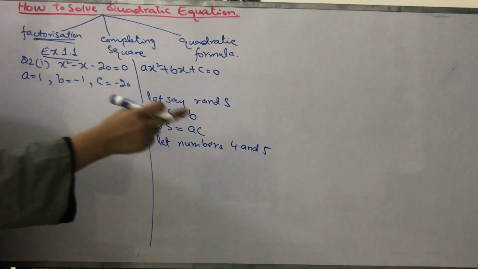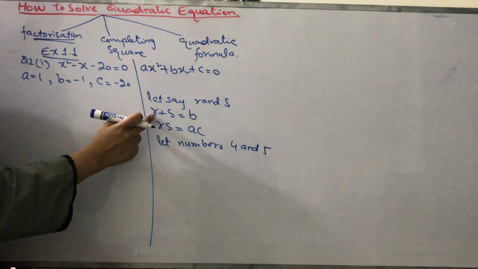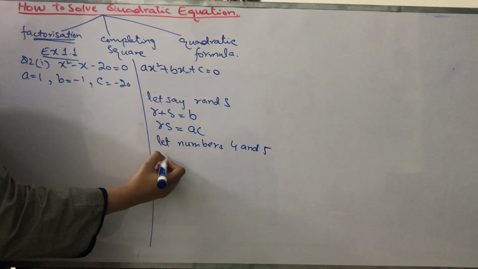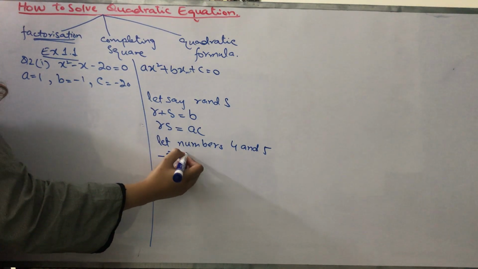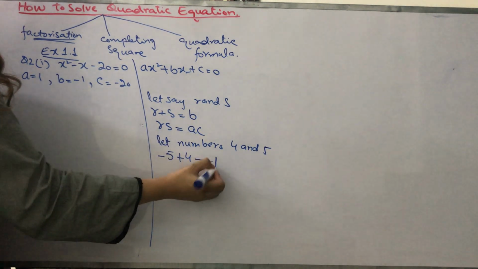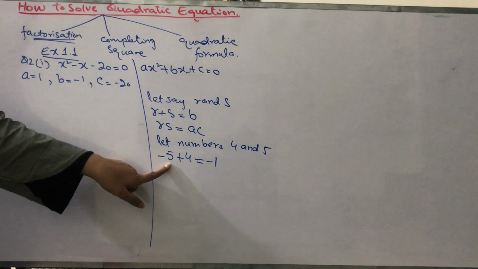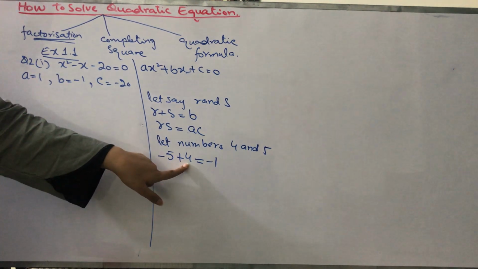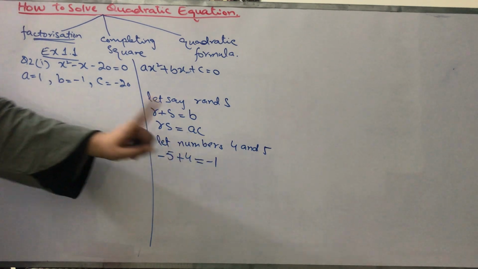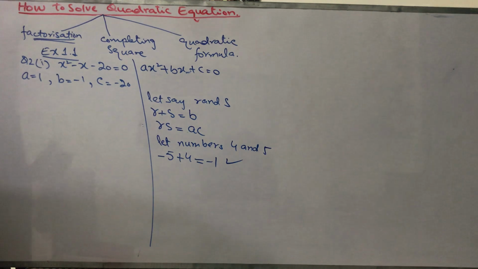Minus 5. It means the greater value should have the minus sign. So r plus s, if I write minus 5 plus 4, is it equal to minus 1? Yes. So two numbers r and s, I have written minus 5 plus 4, that is minus 1. It means the first condition is satisfied, right?